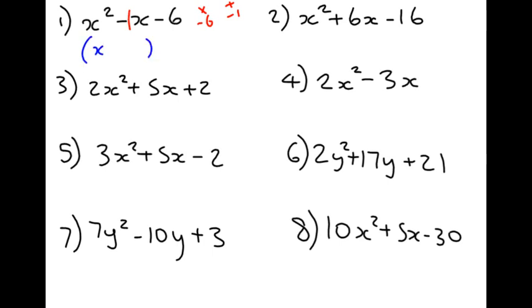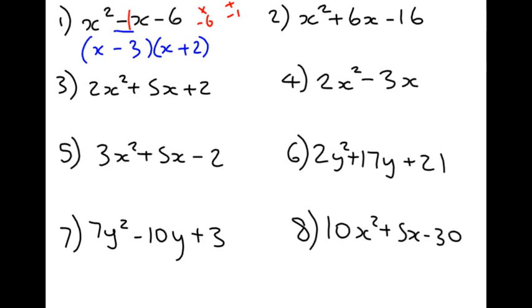Okay, so we want two numbers, 1 plus, 1 minus. Times to make 6, they've got a difference of 1, it's 2 and 3. Now because you're trying to add to a negative, you want your bigger number to be negative. Okay, because then you're going to go below 0. 2 take away 3 gives you minus 1.